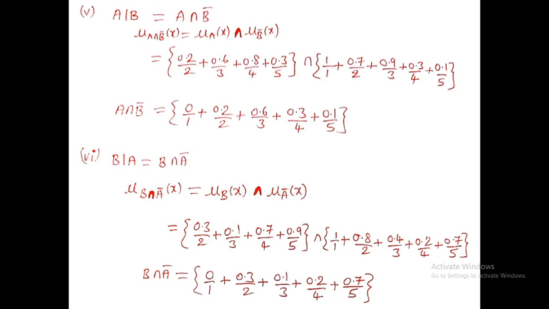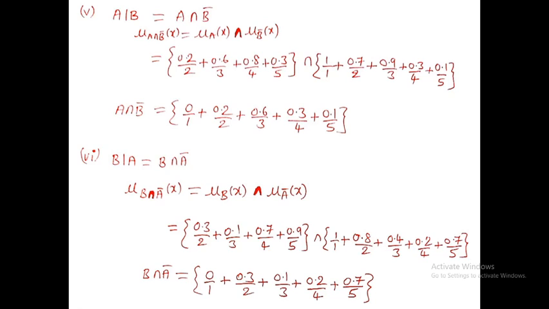Likewise, if you take the least points, you will get A intersection B bar, which is equal to A minus B. You will get it as 0 by 1 plus 0.2 by 2 plus 0.6 by 3 plus 0.3 by 4 plus 0.1 by 5.